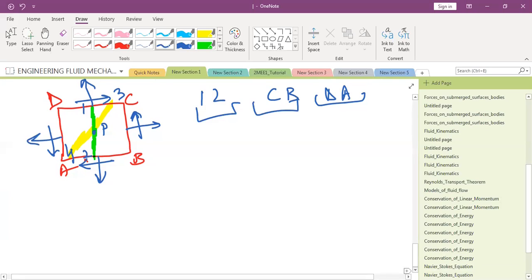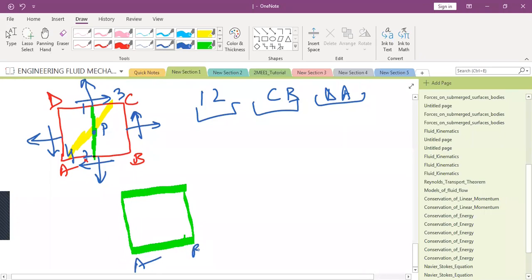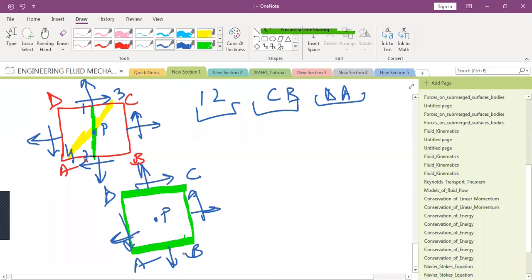So is this similar to what I'm showing here? Please remember what I'm doing here: this was the original plane ABCD. This was point P, and these were stresses. I am transforming this state of stress to this configuration.